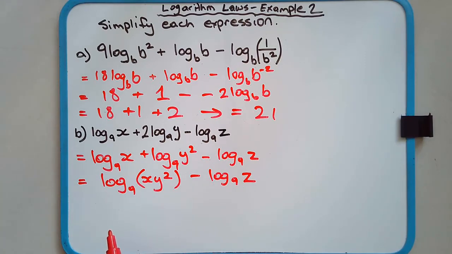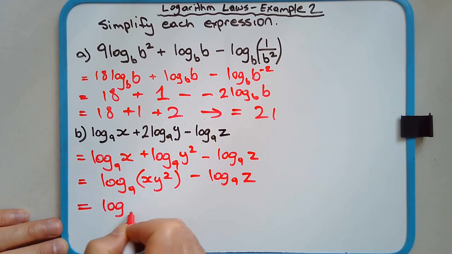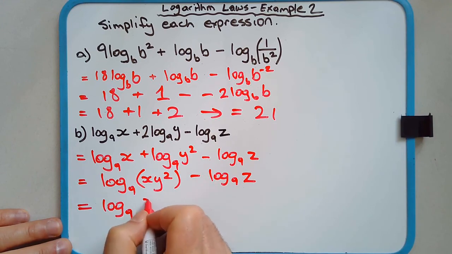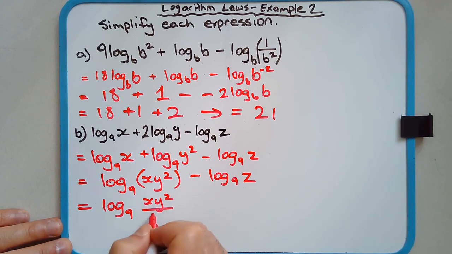I'll emphasize that knowing the index laws, and really understanding them, is such a critical thing to be able to not just work with logarithms but really understand what they're about. Anyway, without further ado, apply log law number 2. That's going to be log base 9 of xy squared over z.